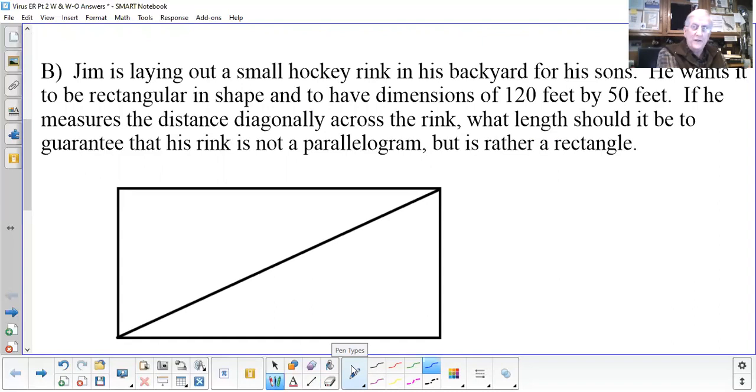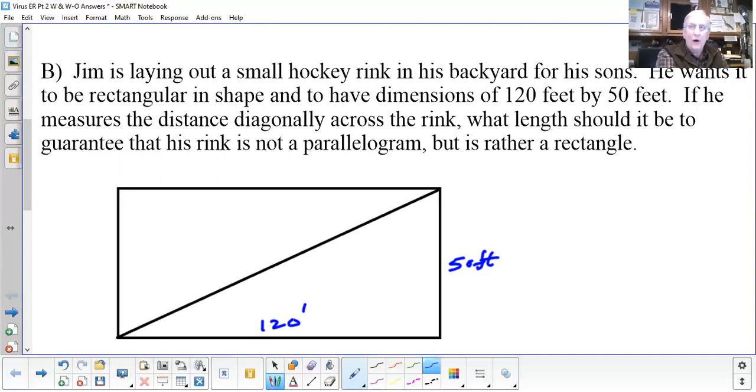And one of these right triangles, in fact, both of these right triangles, they have to be congruent, right? If this is a perfect rectangle. And if this is 50 feet, the width, and this is 120 feet, the length, what rule has to apply to the diagonal going across that rectangle?